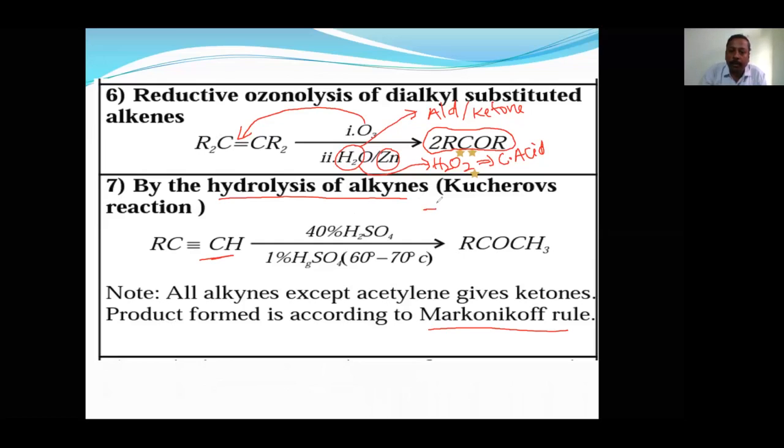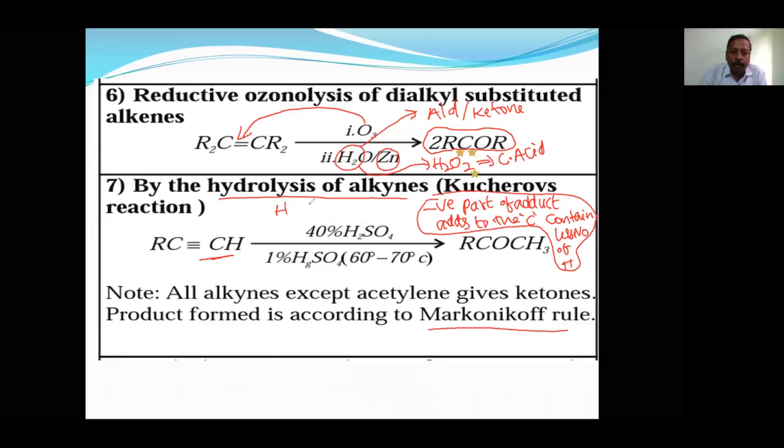The negative part of the adduct adds to the carbon containing less number of hydrogens. That is what is called the Markovnikov rule.